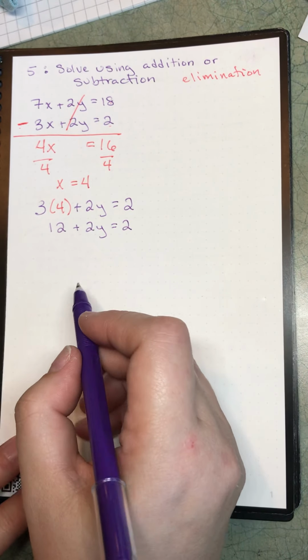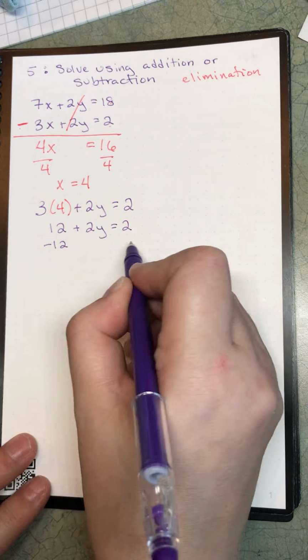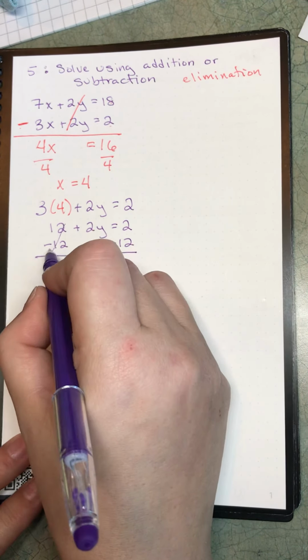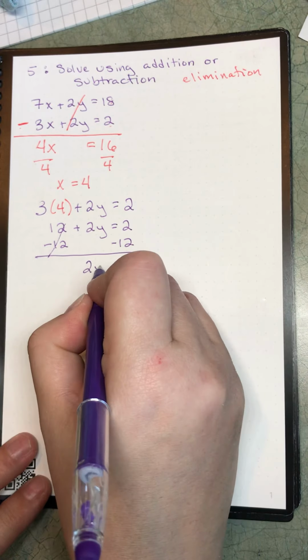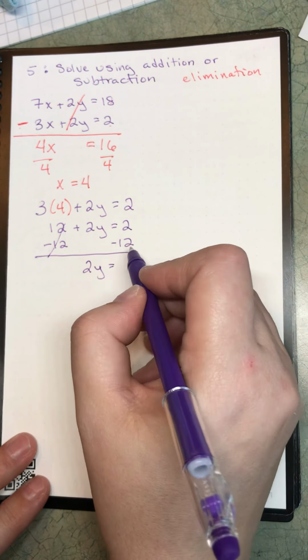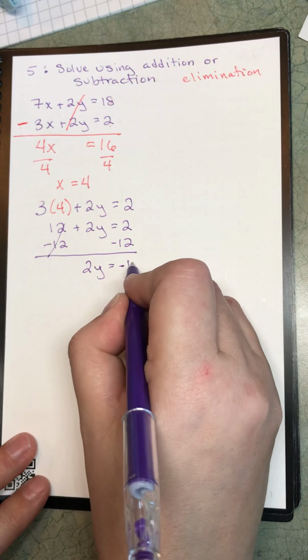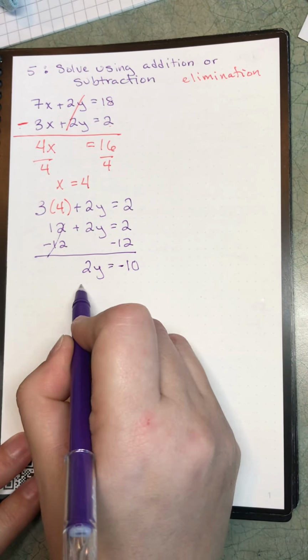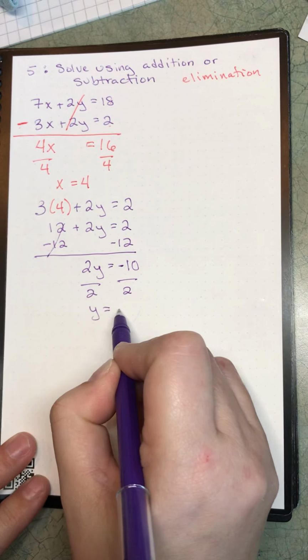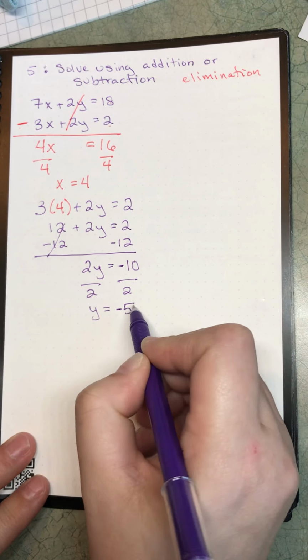And now I'm going to subtract 12 from both sides of the equation. So I've got 2y equals 2 minus 12 is negative 10. So now I can divide by 2, and I get y equals negative 5.